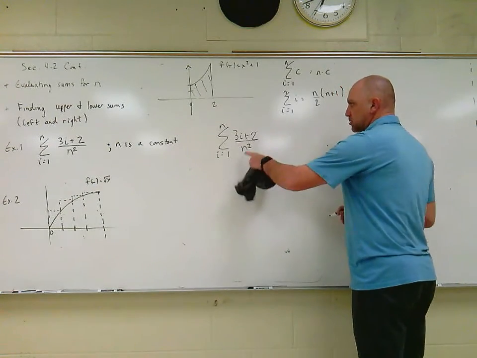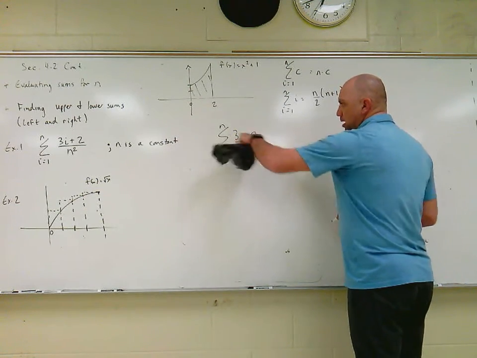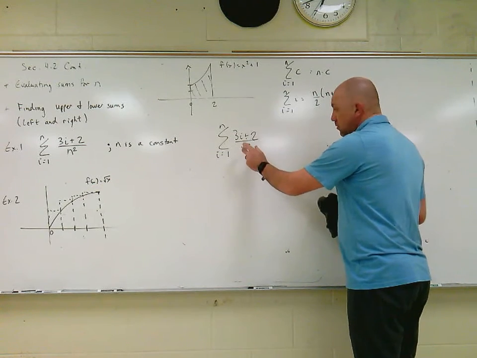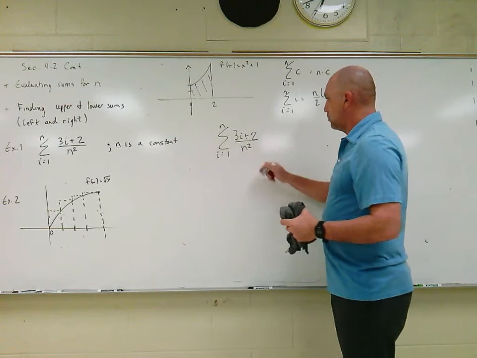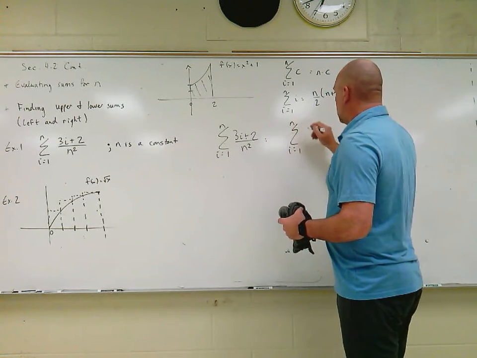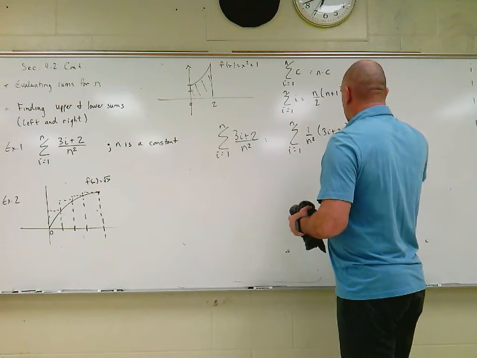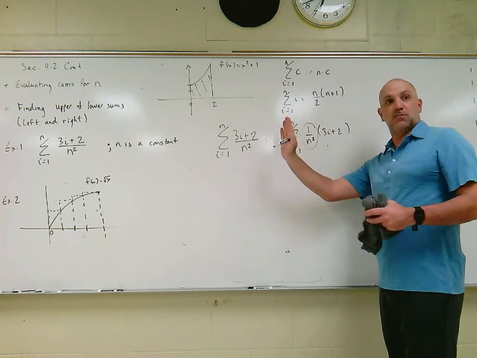Don't look at it as, so only the thing that's changing is i. So, like I said, had this been 5, this would have been 25. So the first thing I would do, you can picture this as 1 over n squared times 3i plus 2. So you can think of that as a factor and take that out, okay?